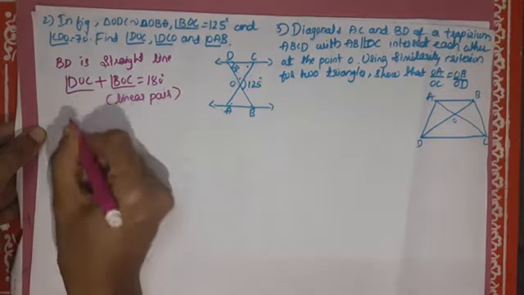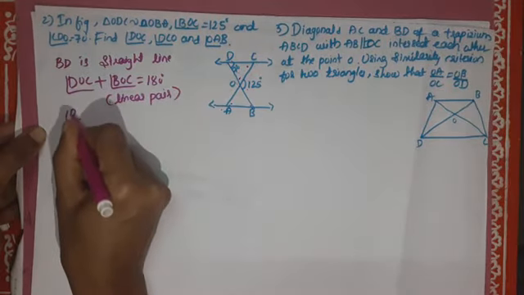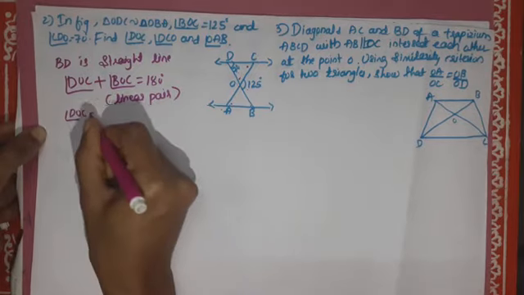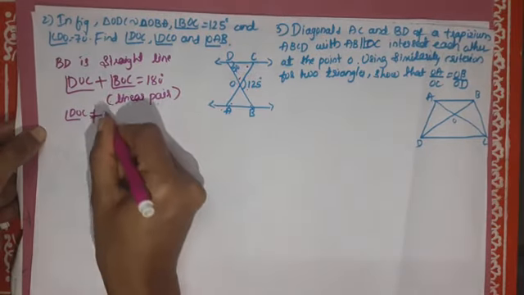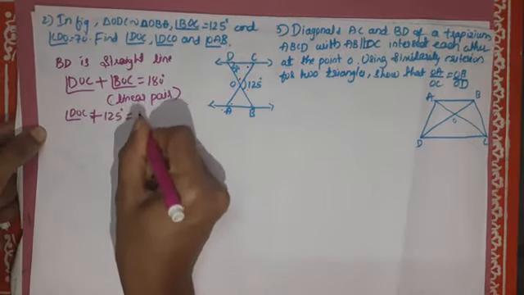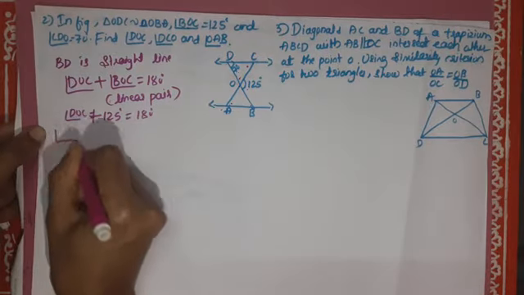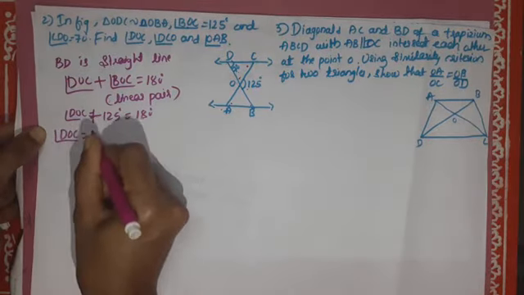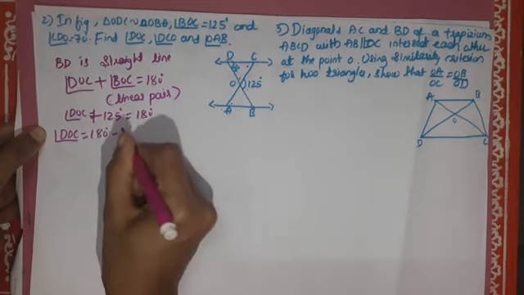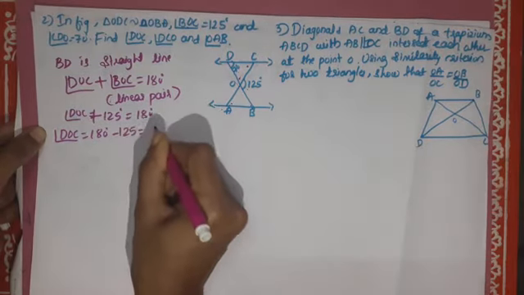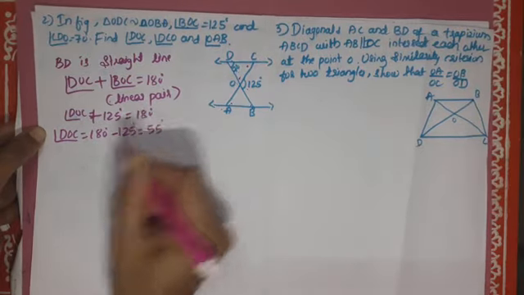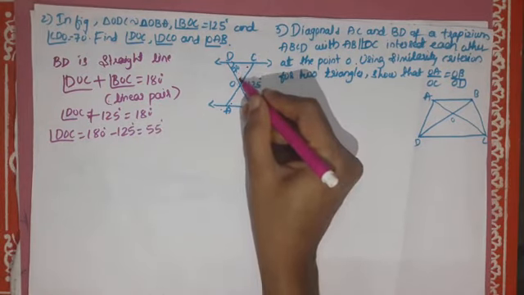So DOC we don't know, plus BOC is 125, equals 180. Then DOC equals 180 minus 125 equals 55 degrees. So this angle is 55.